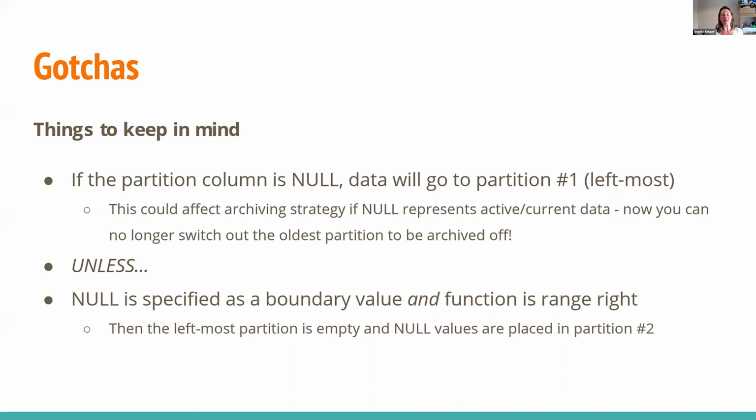And if you're using partitioning for like a data retention archiving strategy, this can complicate things, because what's going to be contained in your oldest partition, it's going to be your oldest data, the data you want to archive.